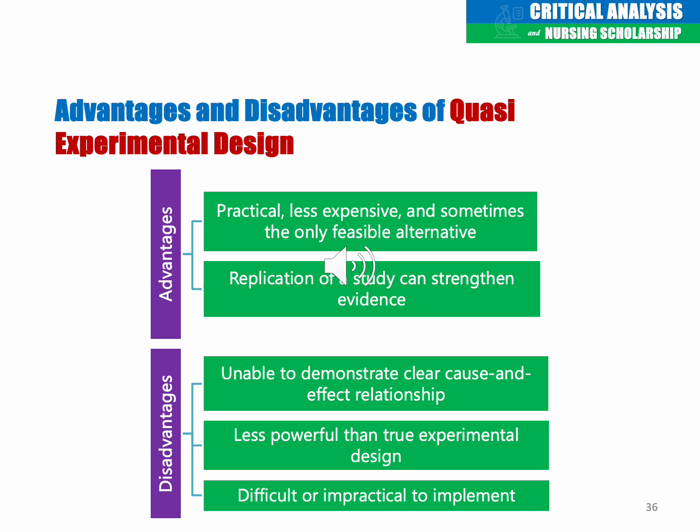First, because of lack of randomization, the researchers might not be able to demonstrate clearly the cause and effect relationship. And of course, obviously, this is less powerful than true experimental design. And in some cases, it is difficult or impractical to implement.